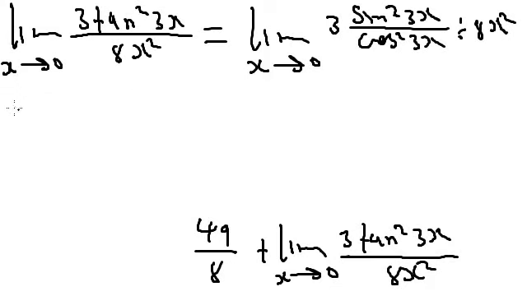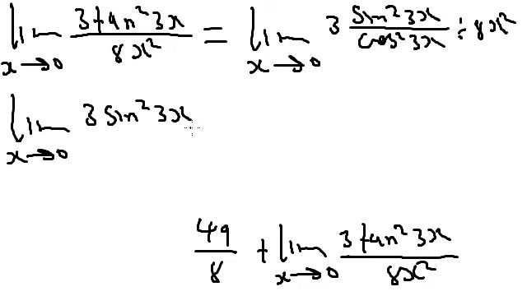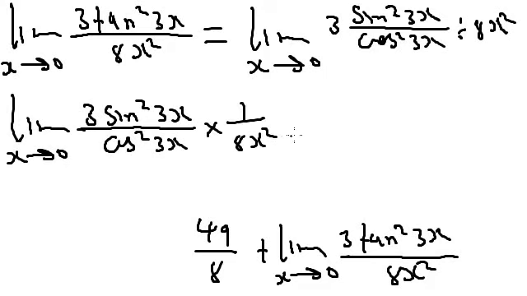Okay, so this becomes the limit as x approaches 0 of 3 sine squared 3x divided by cosine squared 3x, multiplied by 1 over 8x squared. I hope you're following. I've just used the concepts we have been using earlier.